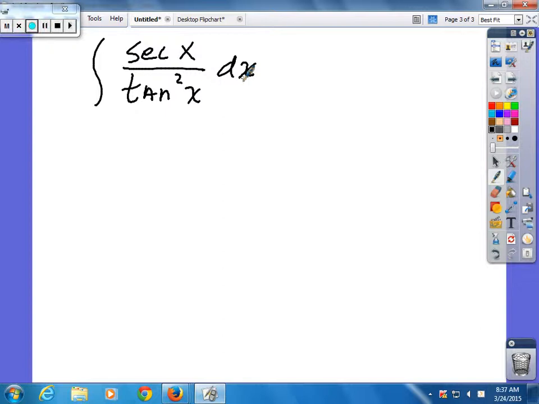I would probably use my reciprocal identities on this one because you can't do much with that secant of x except turn it into a reciprocal identity. Now, the secant squared of x, it'd be different. So you can at least simplify it a little bit by using the reciprocal identities.